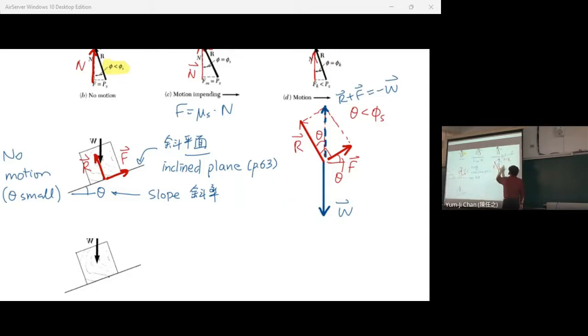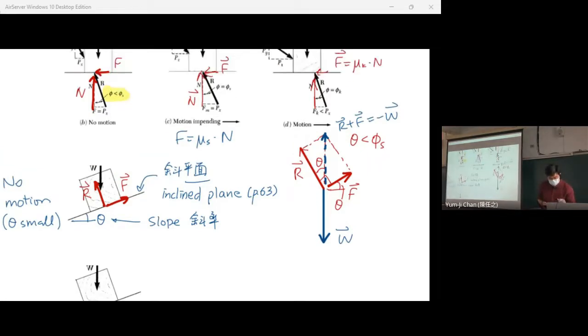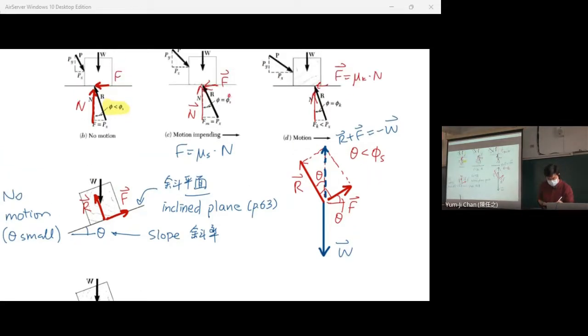So here theta is smaller than phi s. Phi s is this one, or I will say in an easier way, F is smaller than mu s times N.